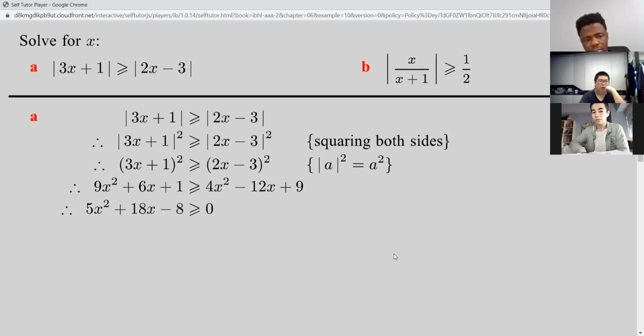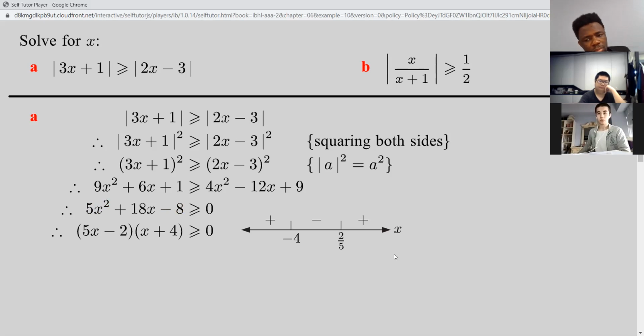Can we factorize this quadratic? There are no common factors and no special form. 5x squared is the product of 5x and x. We search through the factor pairs of -8 to find 2 numbers which will give the correct middle term. We find that -2 and 4 give us the correct middle term. The zeros of the quadratic are -4 and 2/5, so we can use these to draw a sign diagram.